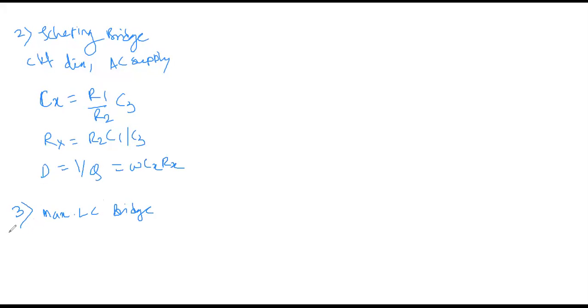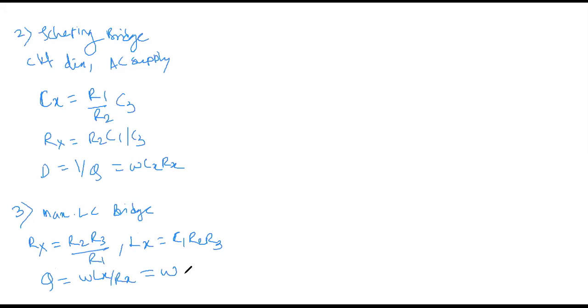Again we got here the equation for unknown resistance R2 R3 divided by R1, and unknown inductor Lx is equal to C1 R2 R3. Again this bridge is used to measure low quality factor, which is given by omega Lx divided by Rx, or we can write it as omega R1 C1. So this is the equation for Maxwell's LC bridge.